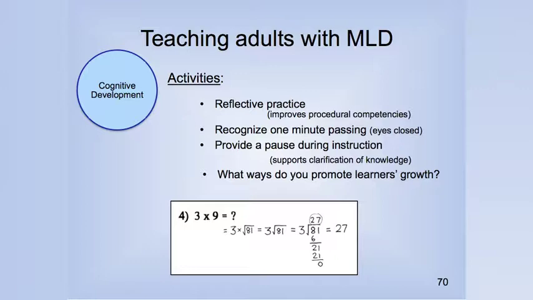And give pause. I know I've been barreling through this, but in class, if you're teaching concept upon concept upon concept, it can be just a wave of information and people can tune out. So you want to give pause, make sure the understanding's there, ask questions, engage your learners. This will definitely help their clarification and acquisition of the knowledge, and it'll help you be sure that they are understanding, as opposed to thinking, oh, I've taught them because I blah, blah, blah'd it to them for 30 minutes straight.